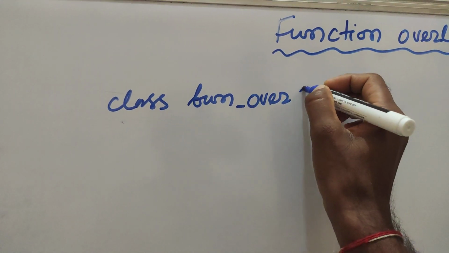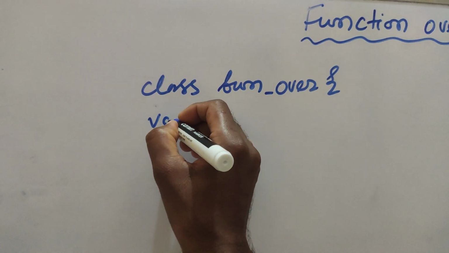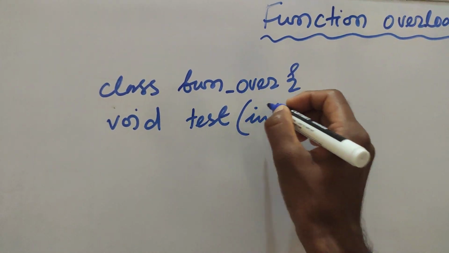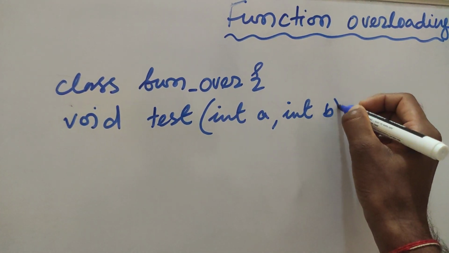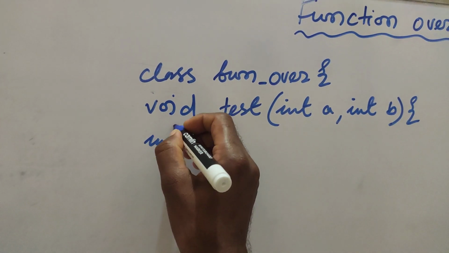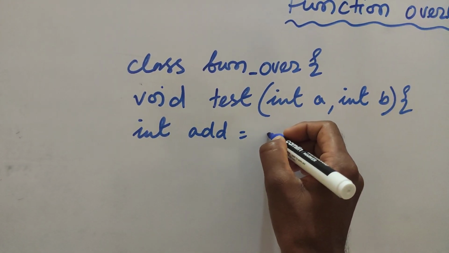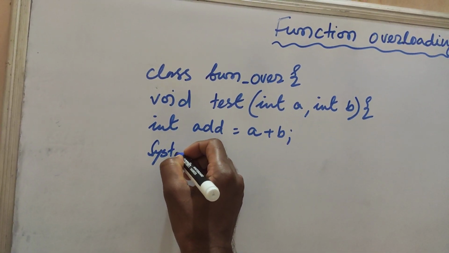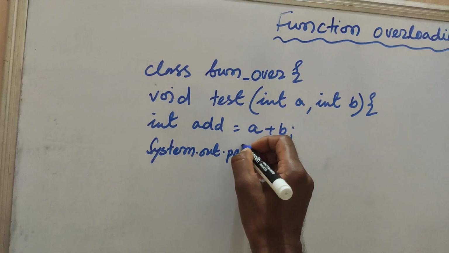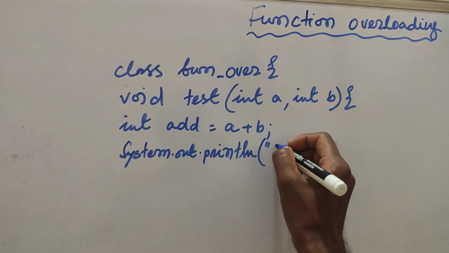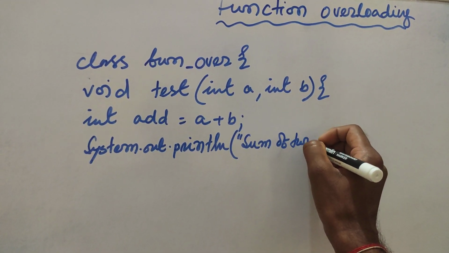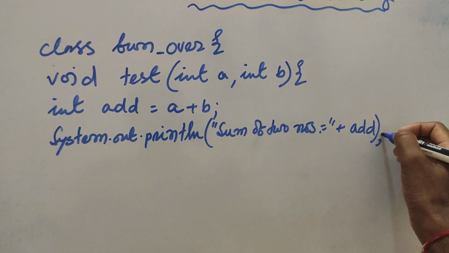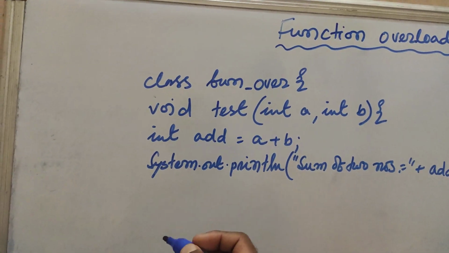See, I will explain with test. Writing int, this is sum of two numbers, add. So this is by using impure functions.